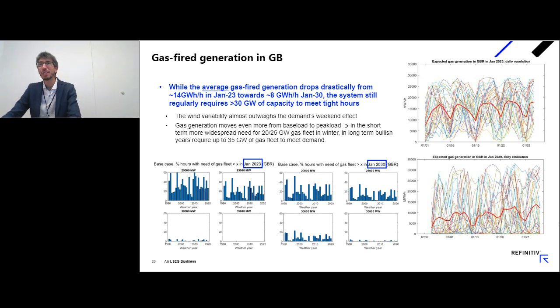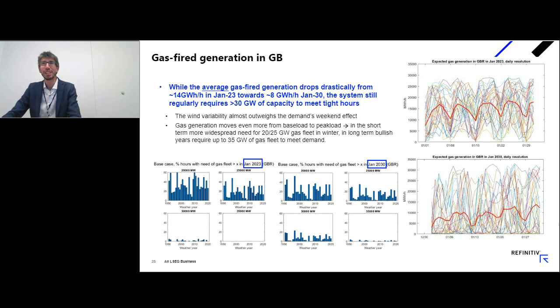And in the days where there is no wind, which are these extreme scenarios, you will need more than, you see, these are daily averages, so on average you have days with more than 30 gigs of gas fleet needed, which now in 2023 you never pass that threshold. You will pass that quite often in daily resolution in 2030. So the extreme will become a lot more extreme, and on the other side, the average will go down.